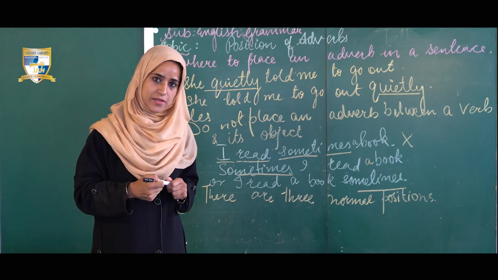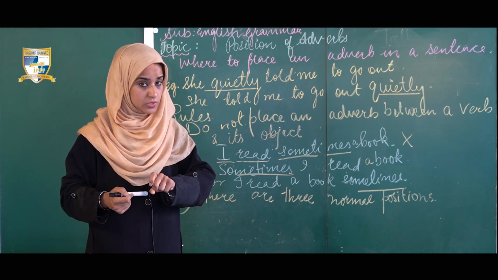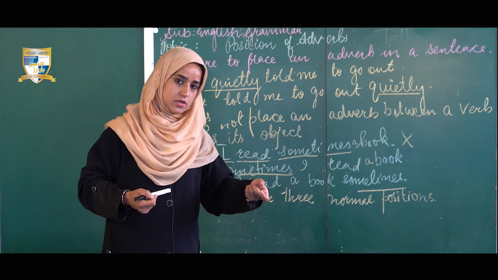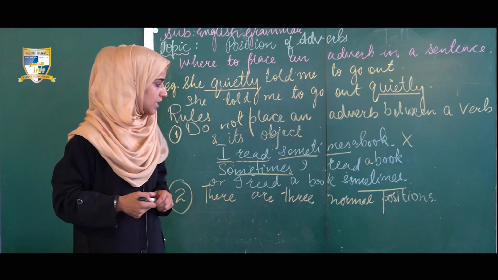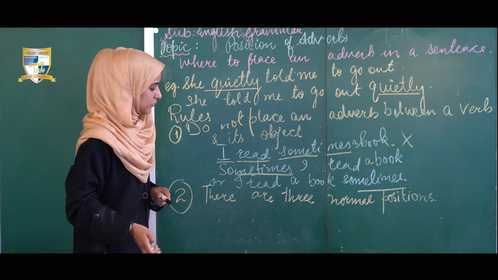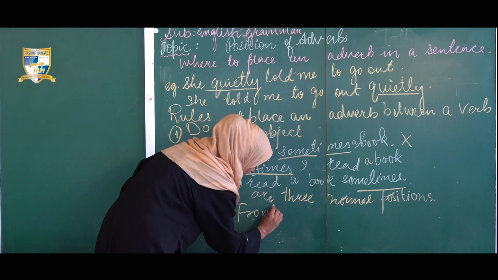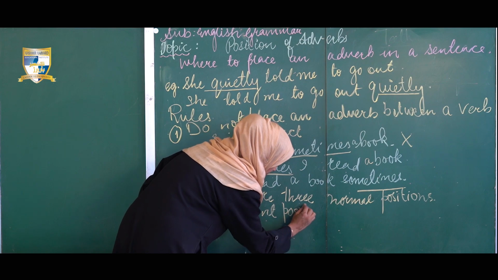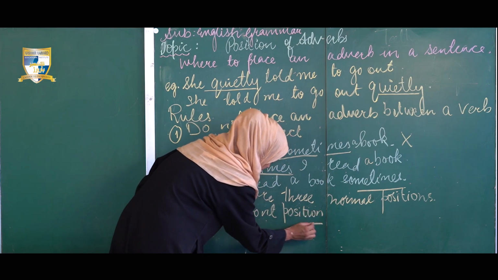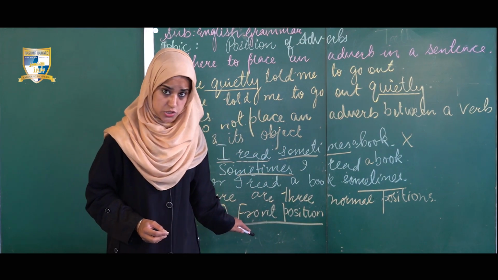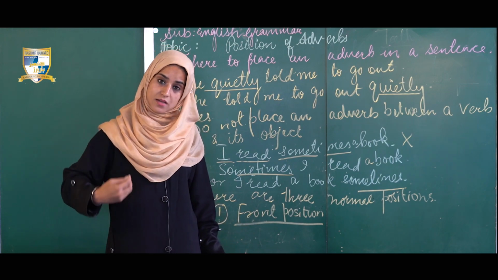You can place an adverb either in the beginning of a clause, or in the middle of a clause, or at the end. Let's first of all understand front position. Front position means at the beginning, at the start of a clause.